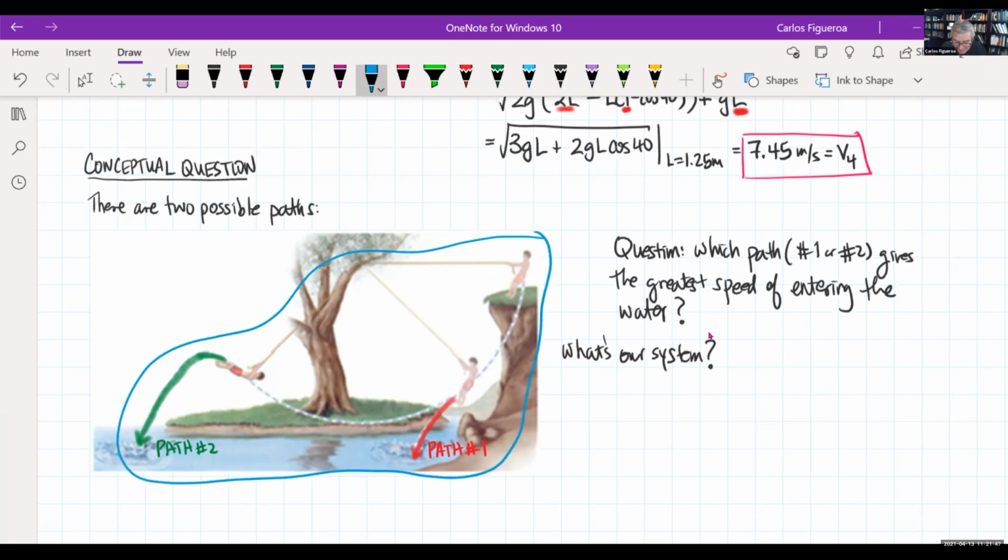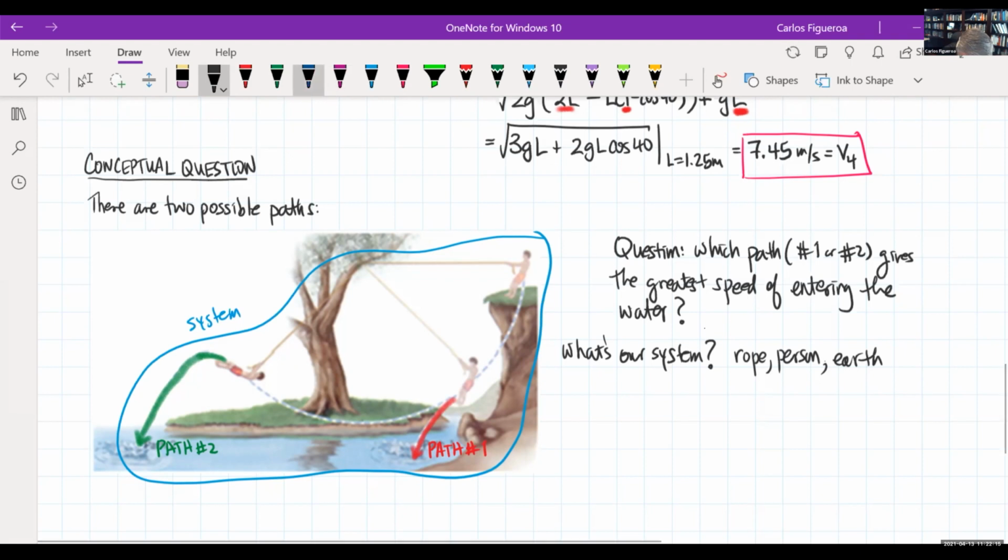And we got to ask, when I'm looking at my system here, what are the forces acting on them? So the system here is the rope, the person, and there's one thing that we may not realize, it is the earth. So when I start to look at this thing, what do I know?